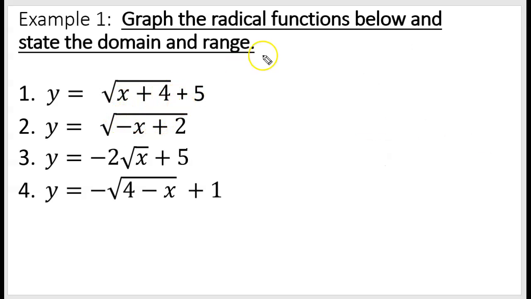Now, let's see here. In this case, whenever you have a B value in front of the X, we have to do something that we kind of saw earlier this year. And that is we have to factor it out.